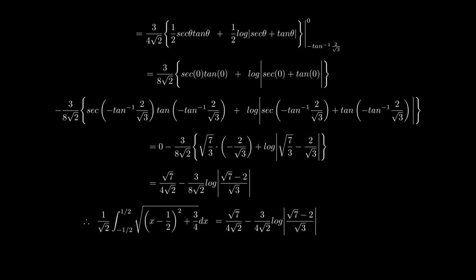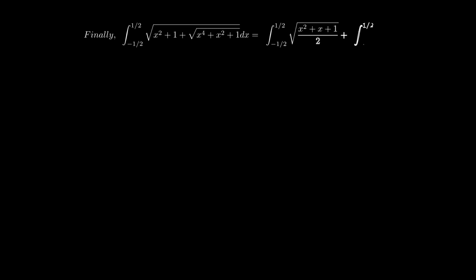Now summing up integral 1 and integral 2 to get the answer. It does require some further simplification. So as you can see here, it's the sum of the integral of x squared plus x plus 1 over 2 plus the integral of x squared minus x plus 1 over 2, all under square root sign.